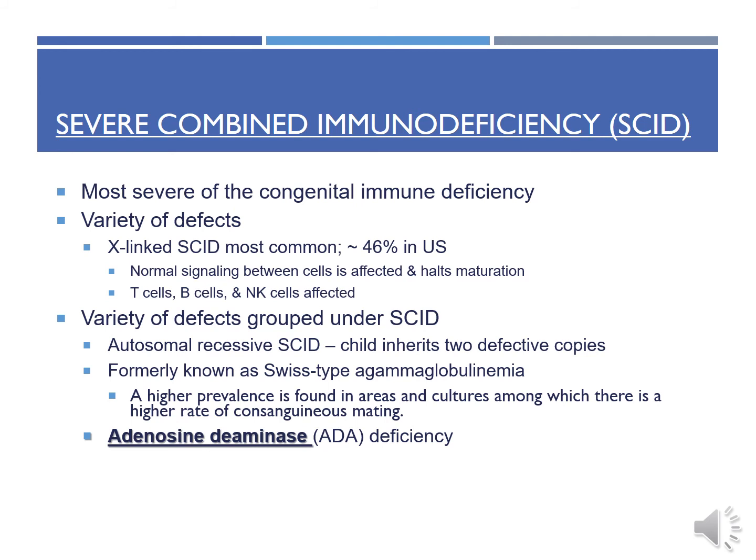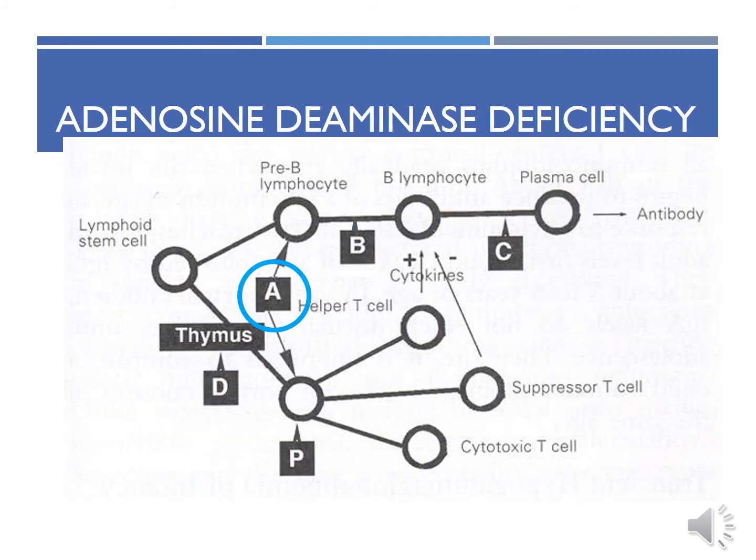Sorry. So let's take a look at this on our diagram. A represents ADA deficiency, or adenosine deaminase deficiency, and obviously this type of deficiency is a double whammy in that it stops the B cell and T cell maturation process.